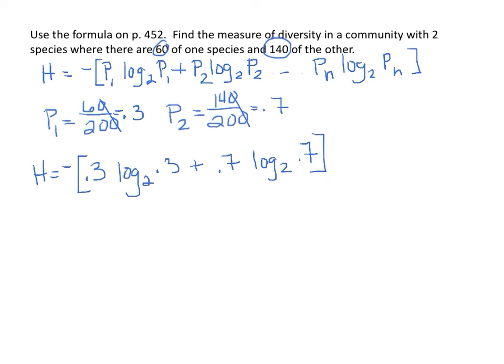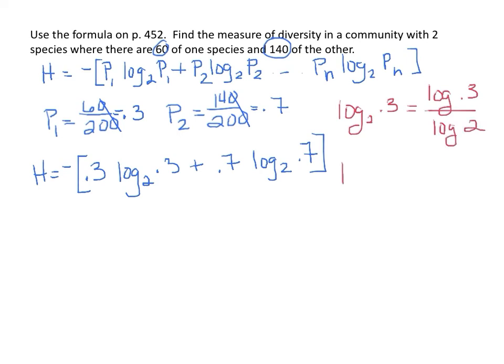Now I'm hoping that you're looking at this going, Ms. Busselmeyer, didn't you just say that we can't really put logs to any base other than e or 10 into our calculator? I did say that. So now you actually need to do some change of base formulas. So log base 2 of 0.3 is going to be log base 10 of 0.3 over log base 10 of 2.